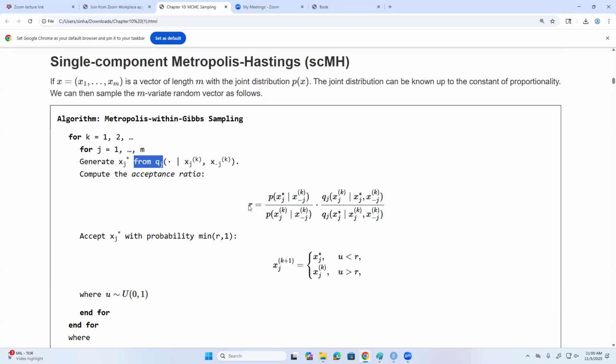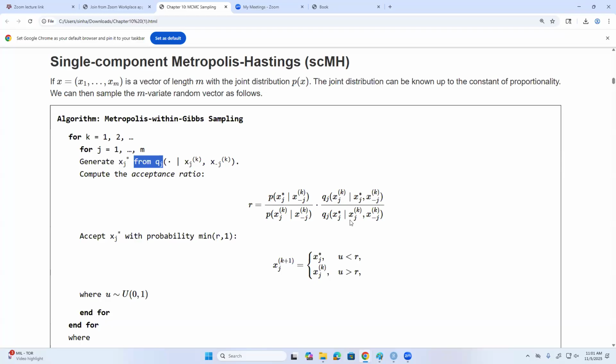This is the acceptance ratio, a ratio of positive quantities, right? So this P and Q, density functions, are positive, okay? And so this ratio could be larger than 1.